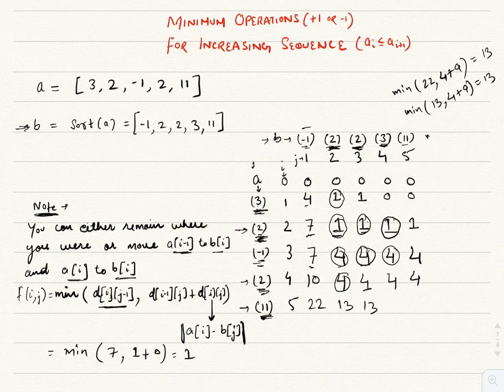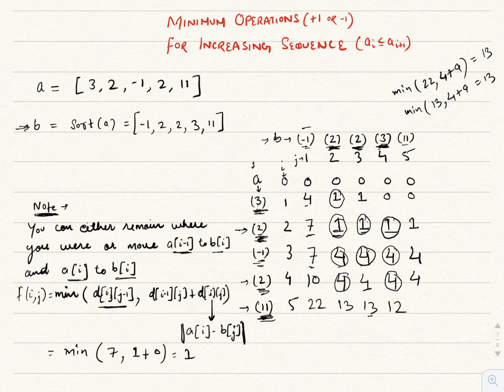Let's see the next element, the minimum of either we're going to remain where we were, or take the previous minimum operation 4 plus see how many operations we need to move 11 to 3. It's going to be 8 here. So the minimum of them is 12.